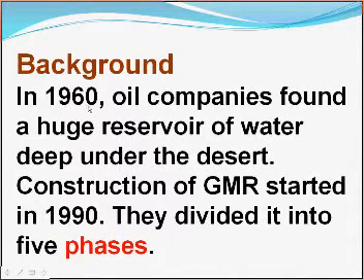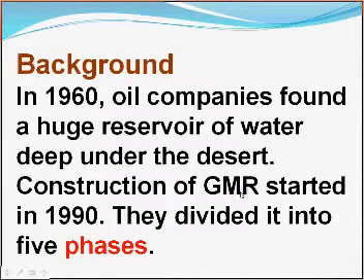In 1960, oil companies found a huge reservoir of water deep under the desert. Construction of GMR started in 1990. They divided it into 5 phases. So here, of course, GMR is the name of the project, but here we have only the initials of the words.